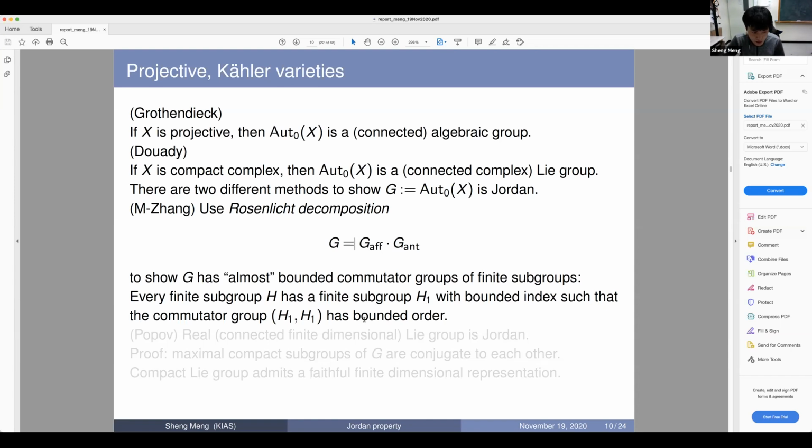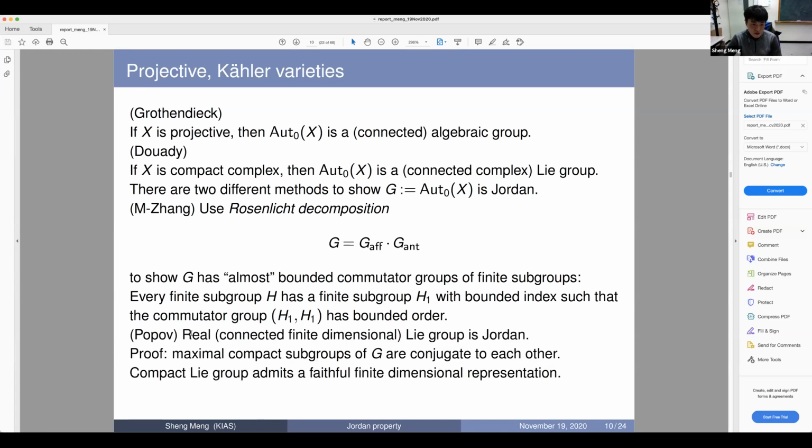I will mention another, later approach made by Popov. He simply proved that a real finite dimensional connected Lie group is Jordan. The idea is simple. First, he considered a maximal compact subgroup of G, and noted that maximal compact subgroups of G are all conjugate to each other.